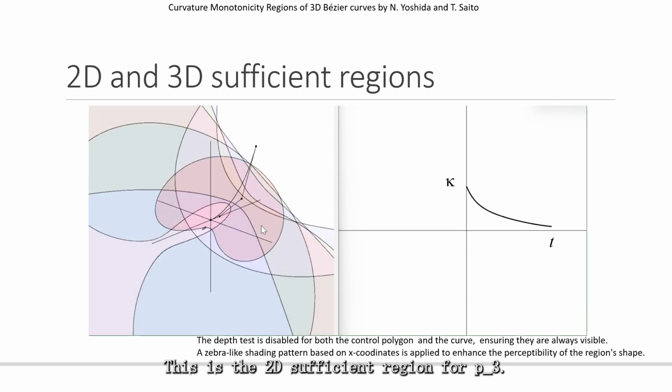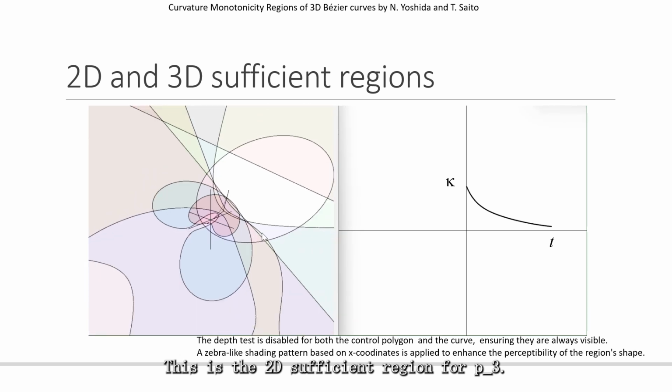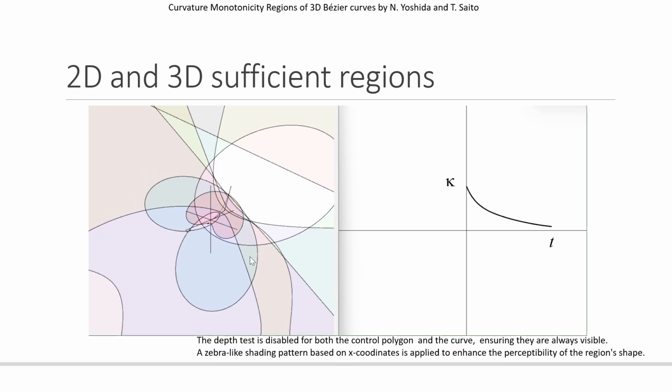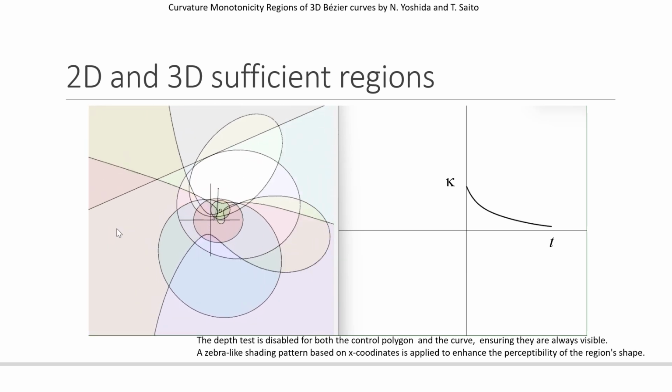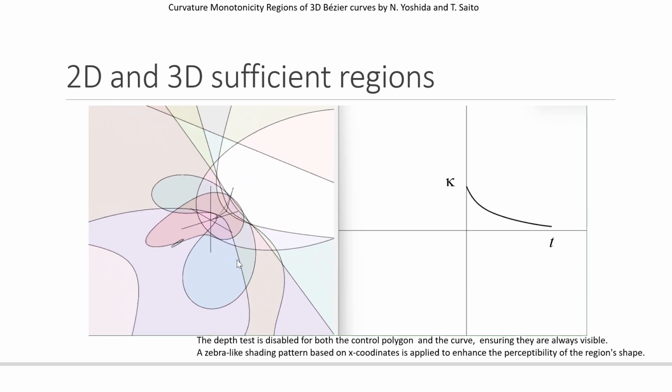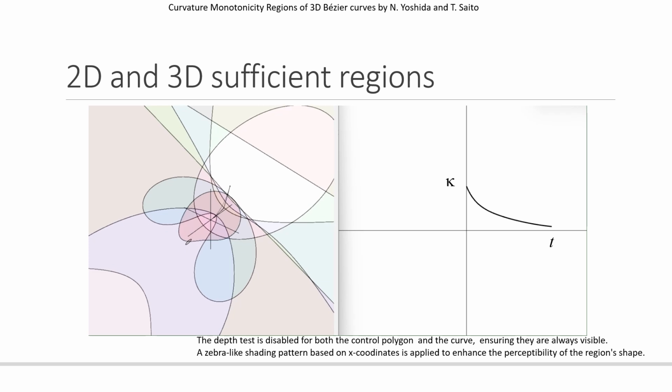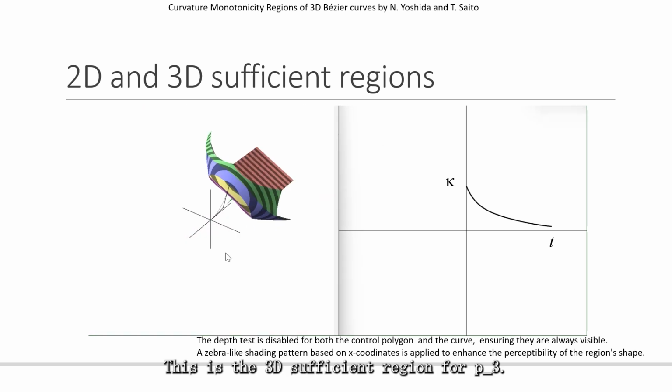This is the 2D sufficient region for P3. This is the 3D sufficient region for P3.